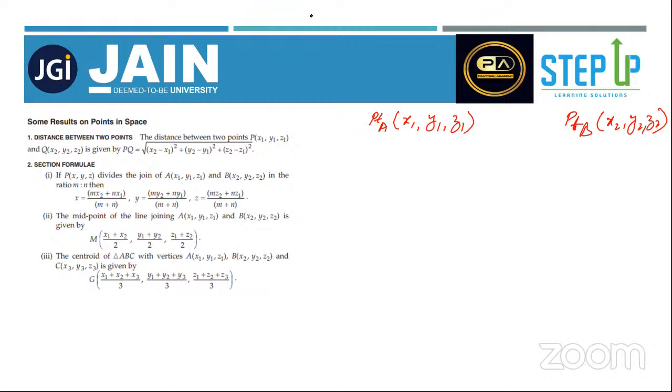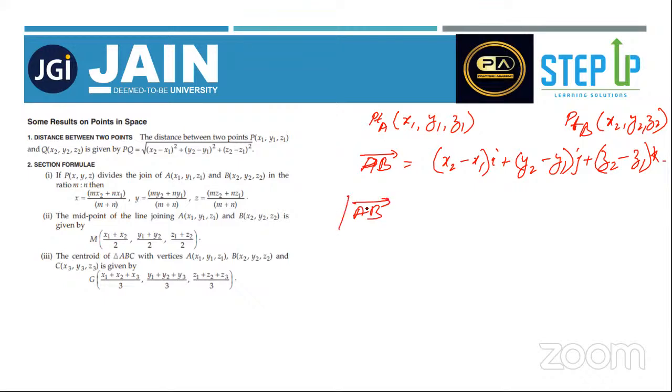What is the AB vector? It will be B minus A, that is x2 minus x1 i, y2 minus y1 j, z2 minus z1 k.